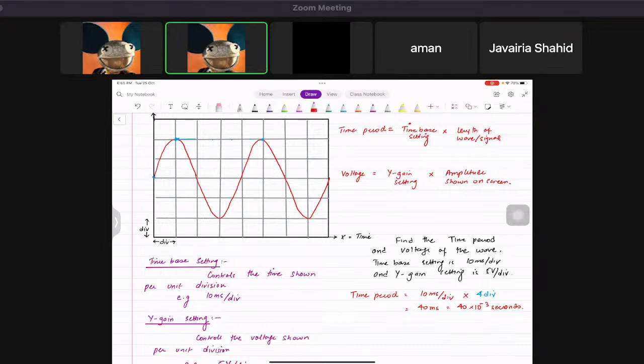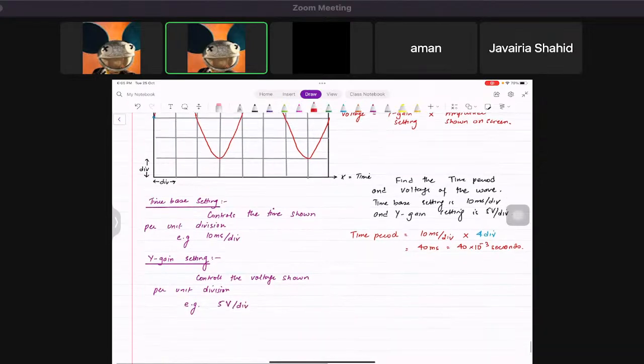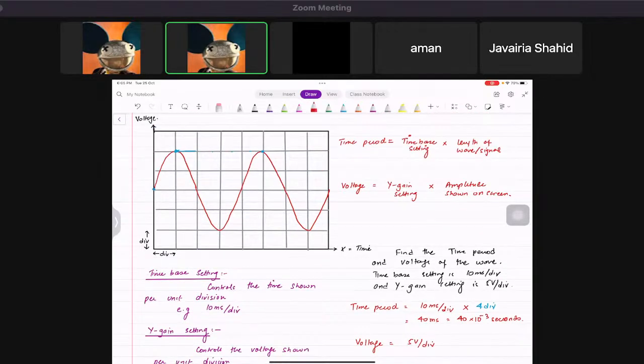Now, when you want to find the voltage, you say the voltage has to be the Y gain setting, which is 5 volts per division. And now you need to find the amplitude. The amplitude cannot be found until you know exactly the middle.